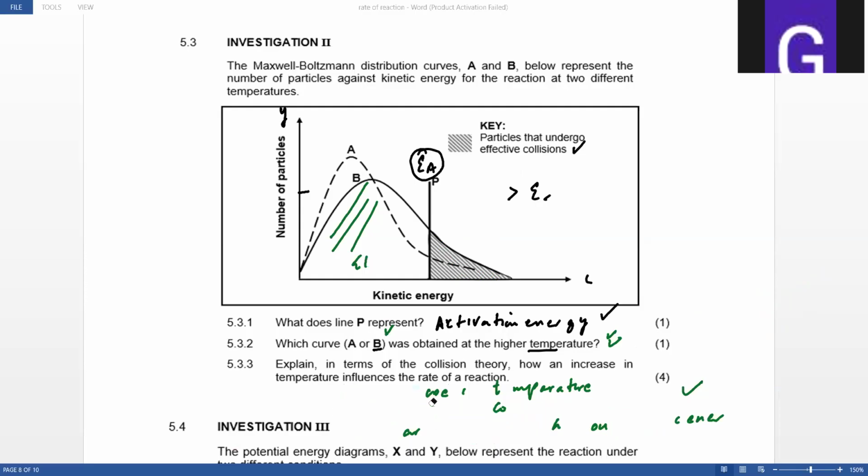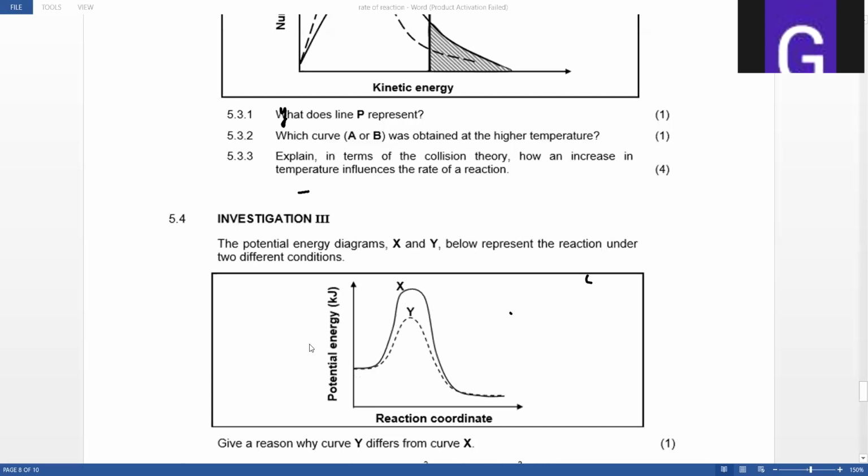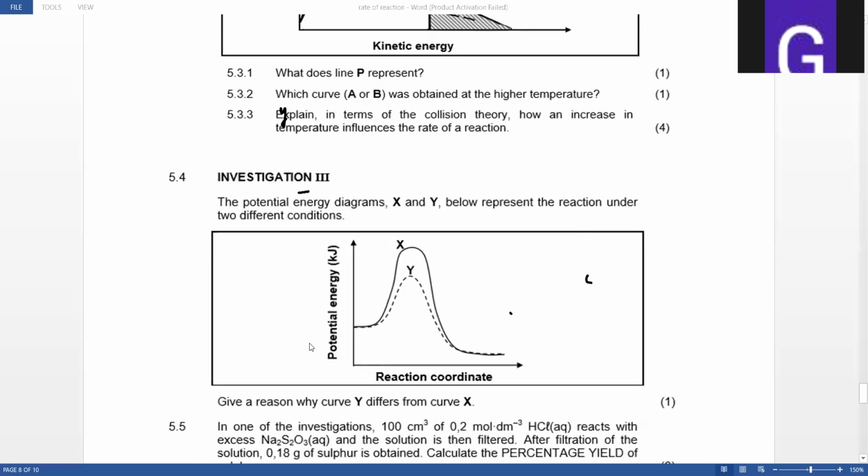Right, let us move on to the next question. 5.4, it's experiment 3. The potential energy graph between X and Y below represents the reaction under two different conditions.